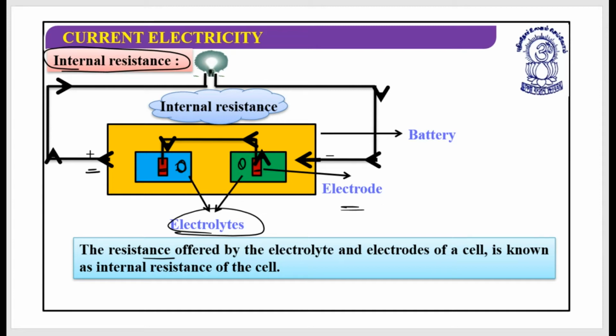This resistance provided by the electrolyte and electrodes is known as the internal resistance of a cell. So we cannot get all the energy that we designed our cell for, because a certain potential drop is always there across the internal resistance, and that drop is wasted and cannot be converted to useful energy. I hope those things are clear.